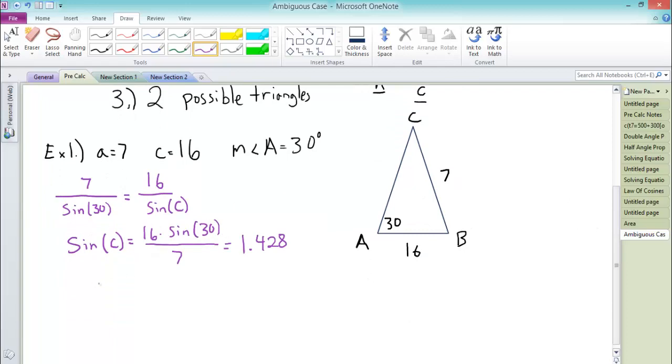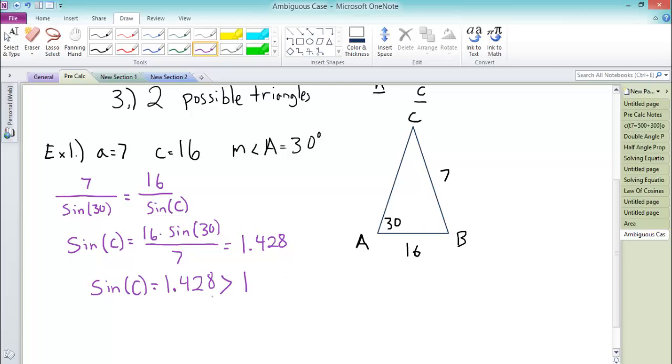Now I need to figure out the sine of what angle is equal to 1.428. But you guys are probably going, wait, Mr. N, the sine of any angle only exists between -1 and 1. This is bigger than 1.